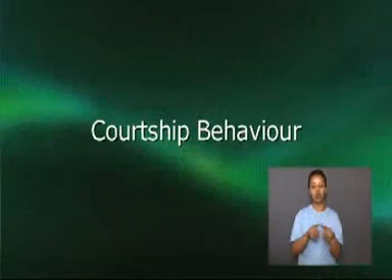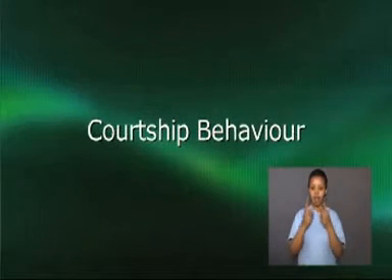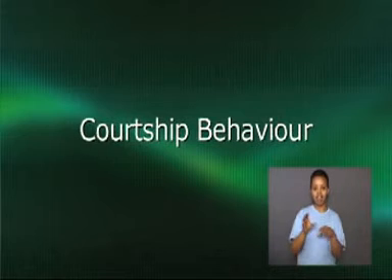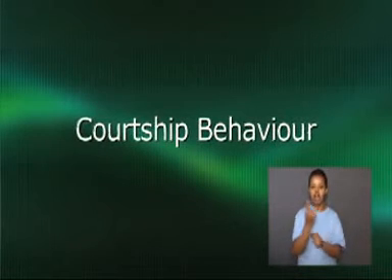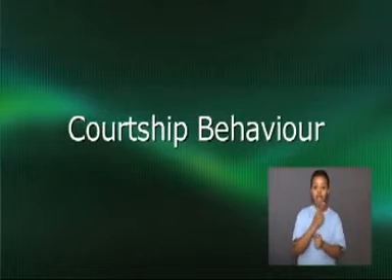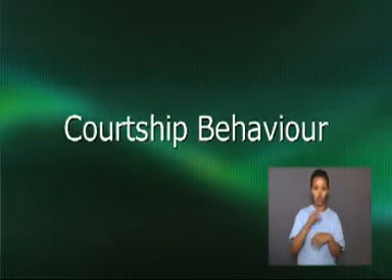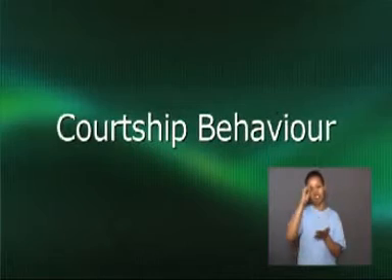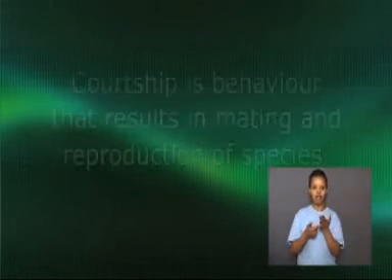When we observe animals that are engaged in behavior, we can begin to see patterns form. We can observe how they act in certain situations. Sometimes these actions could be simple and straightforward. Other times, they involve complex processes. In this lesson, we will be looking at courtship behavior.